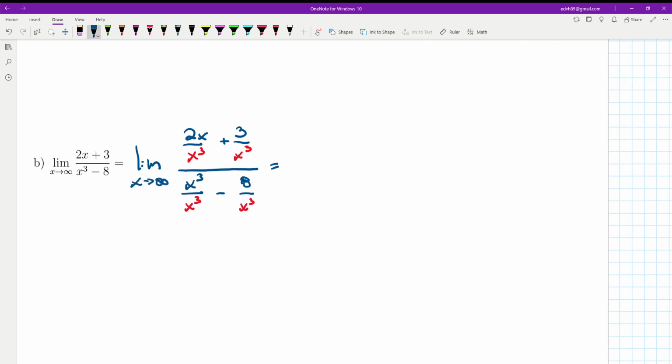So 2x over x cubed gives us the limit of 2 over x squared plus 3 over x cubed, and in the denominator x cubed over x cubed is 1 minus 8 over x cubed as x approaches infinity.